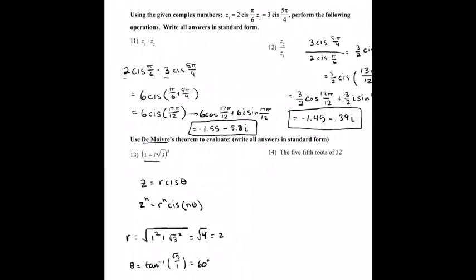And then we need to consider where this complex number is graphed on the complex plane, and it would be in quadrant 1, which is where that angle is. So we take that as our angle. So the trig form of our complex number is 2 CIS 60. So then z.